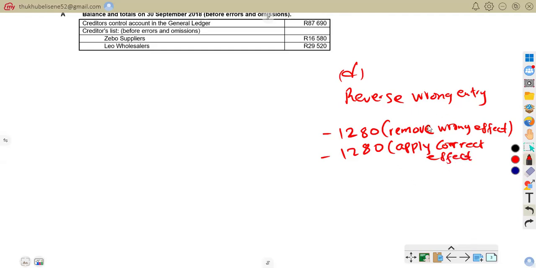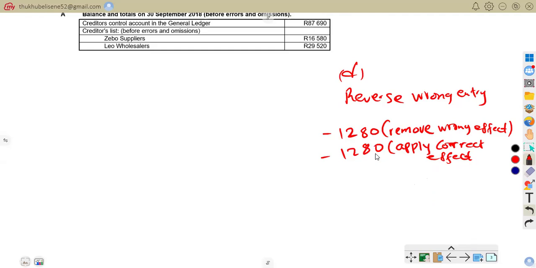Wrong effect because it was added to creditors control. Wrong effect because this increased our creditors, while this was supposed to reduce the amount owed. It was not supposed to be credited here. It was supposed to be debited under the control account.